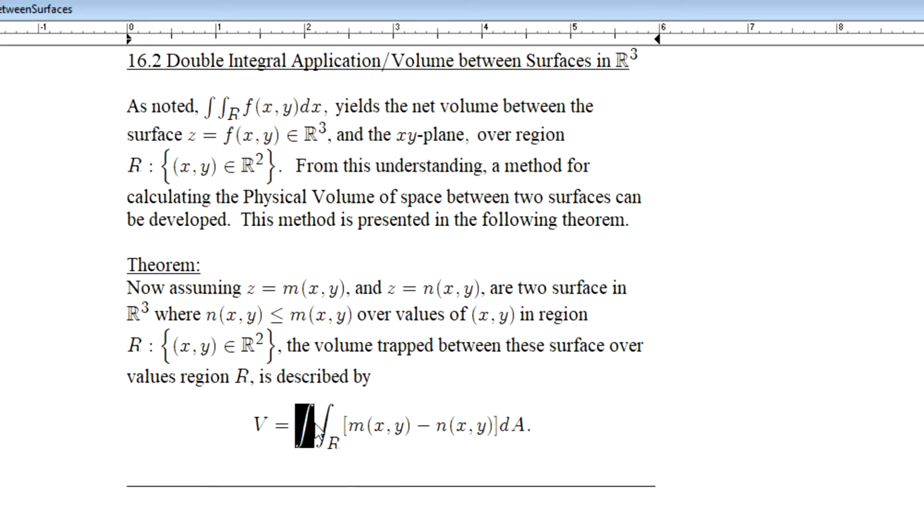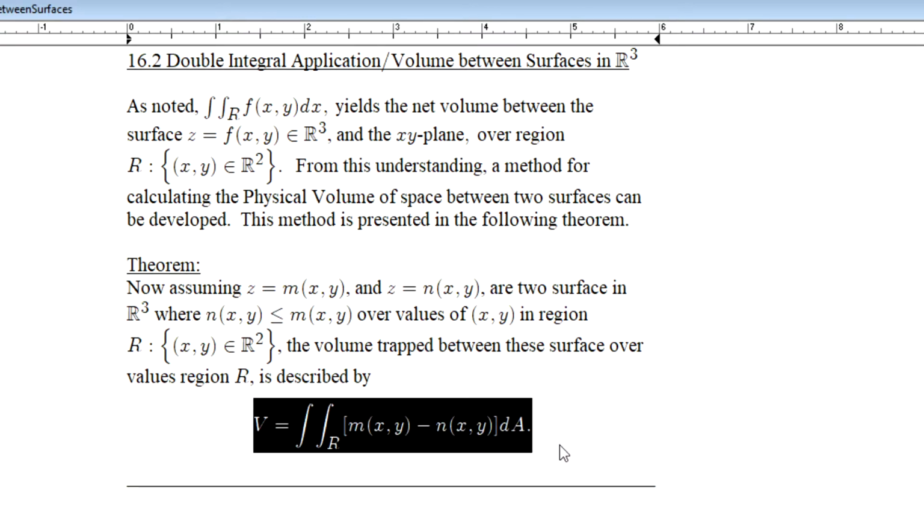How this is understood depends upon our defined region for R, whereas our integrand is made up of the difference between the descriptions of our two surfaces. It is given by surface M minus surface N, where M is bigger than or equal to the value of N for all these values of x and y in region R.